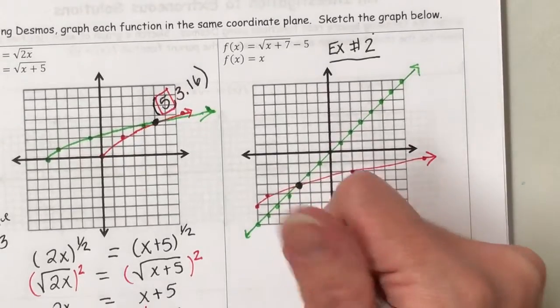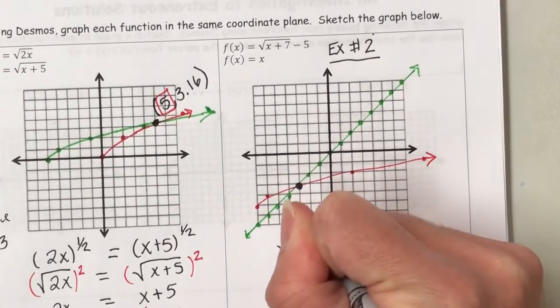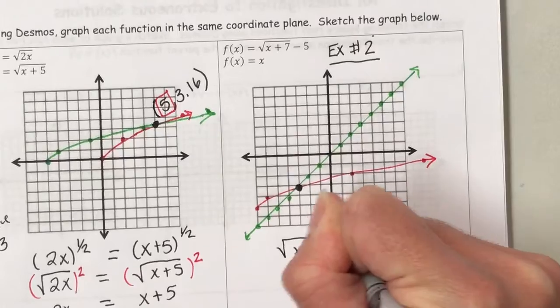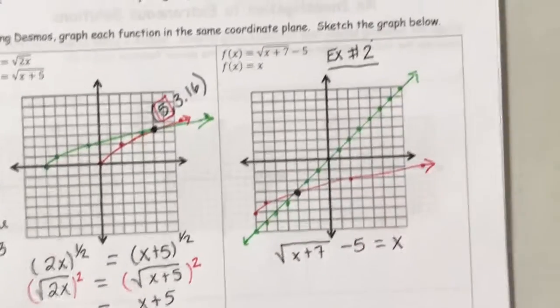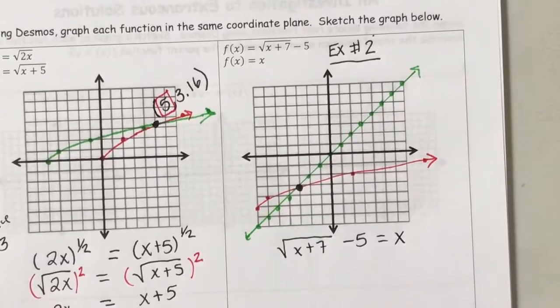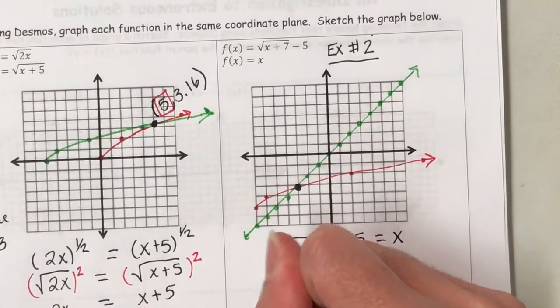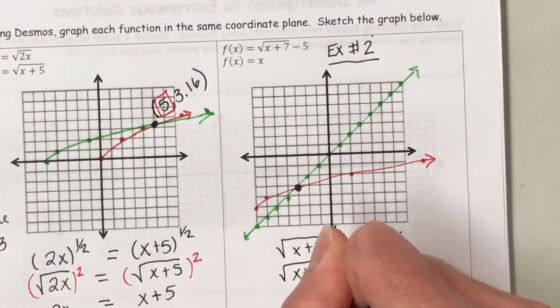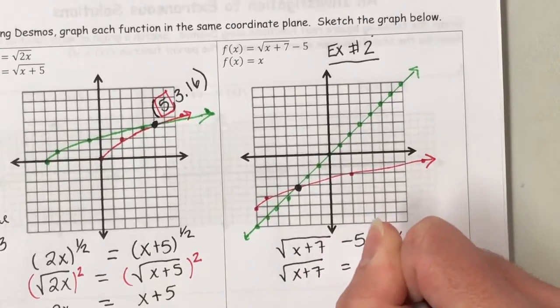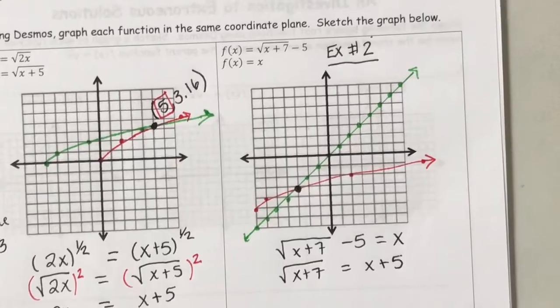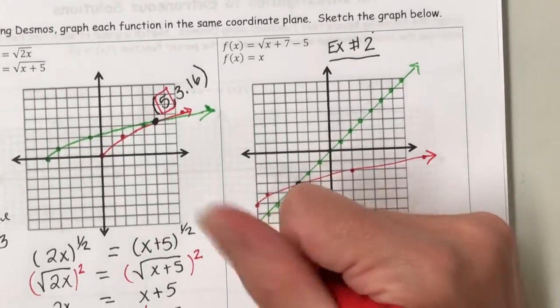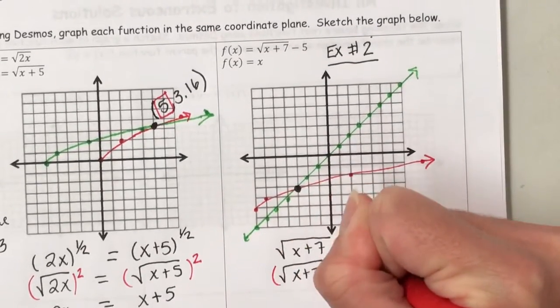So we've got the square root of x plus 7 minus 5 is equal to x. Okay, so the first thing you did was add the 5 to both sides. So we got the square root of x plus 7 is equal to x plus 5. Okay, then to undo the square root, you square both sides.